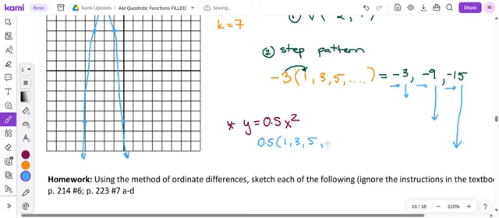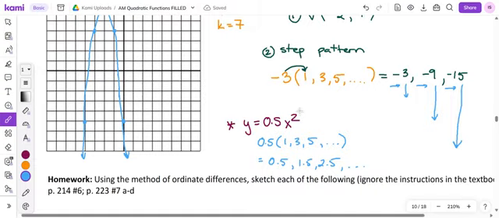So 0.5 times 1, 3, 5. And so my step pattern would be 0.5, 1.5, 2.5, etc. So what's happening is now the y value is not growing as quickly. And that's because the parabola is compressed.